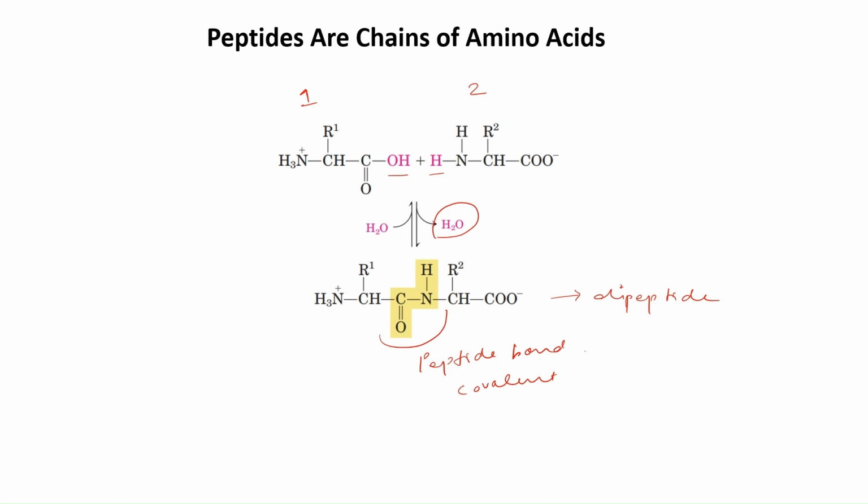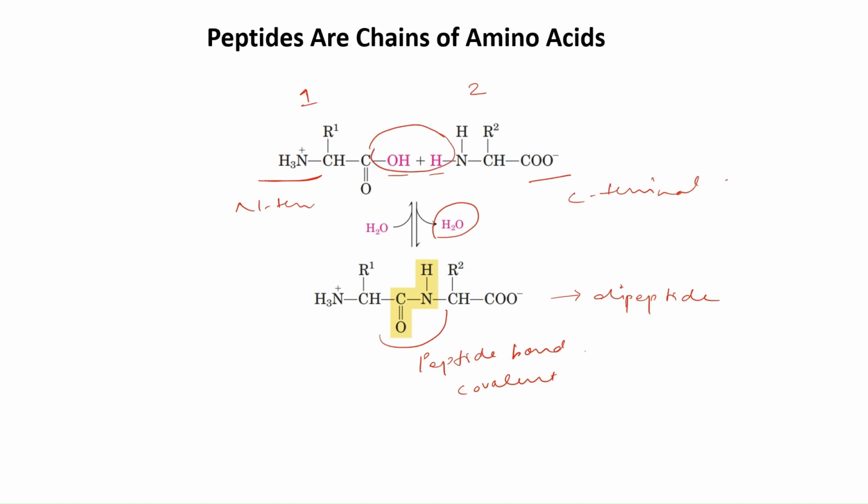Now, when a peptide bond is formed, the terminal where NH3 plus is present is the N terminal, and the terminal where COO minus is present is the C terminal. The C terminal of the first amino acid and the N terminal of the second amino acid are involved in bond formation.